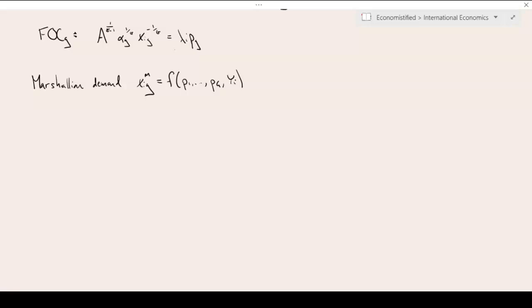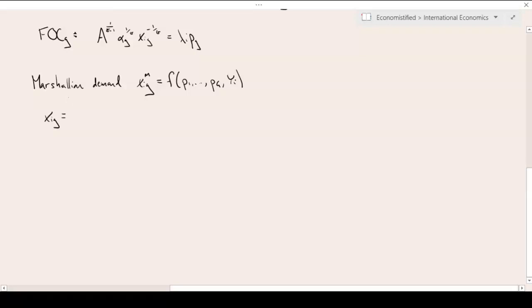It's a three-step process. The first thing I'm going to do is rearrange the first order condition in terms of Xig. So I can divide by this a to the power of 1 over sigma minus 1 and by alpha g to the 1 over sigma, and then raise everything to the power of minus sigma.